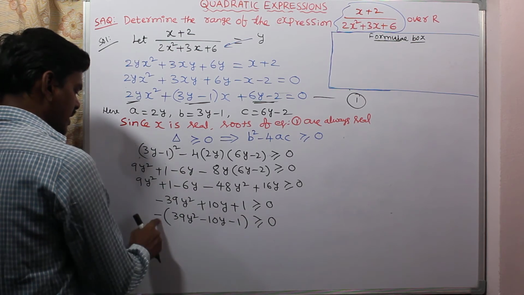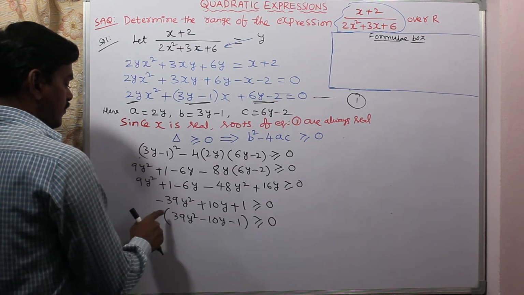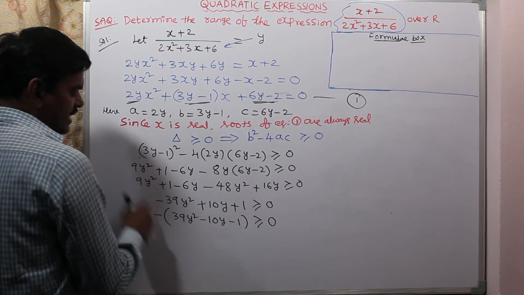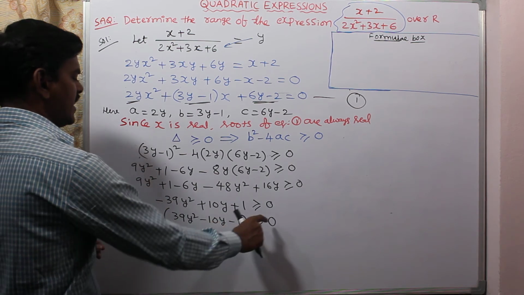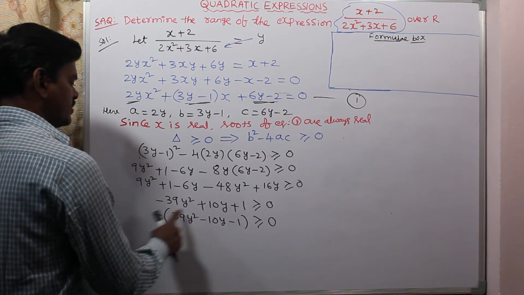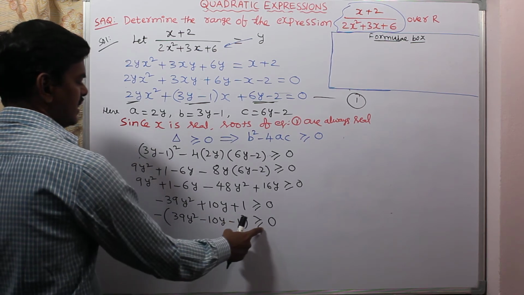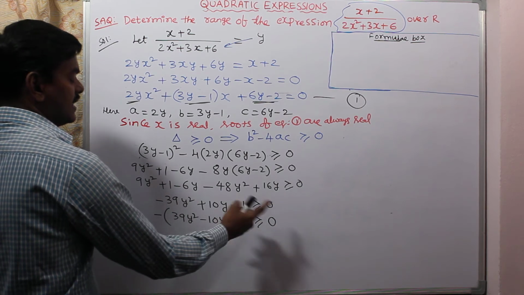Now remove the minus symbol. How can we eliminate the minus symbol? By multiplying with a negative sign, negative into negative becomes positive. Not only multiplying here, but multiplying on both sides. Do remember, whenever you multiply on both sides by a negative sign, for any equation, the symbol changes: greater than becomes less than.